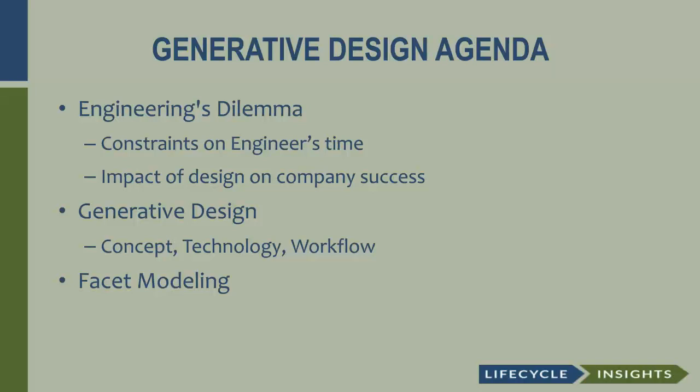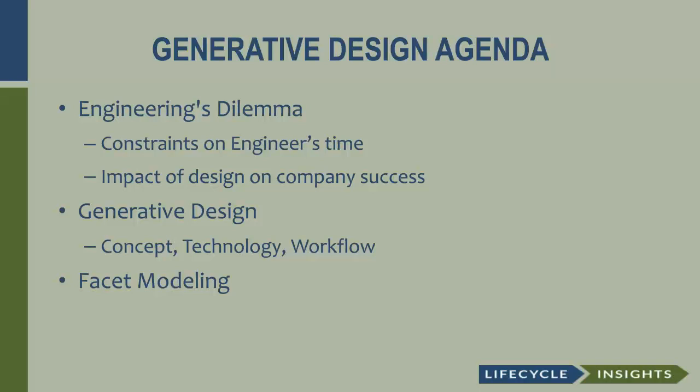So I'm going to be covering three main topics here. One is to talk to the engineer's dilemma, and I'll get more into that in a minute, but that's going to focus on these opposing constraints that engineers must meet when designing products, and they're only getting more difficult. Then we'll talk about generative design and what it is and what the technology is and what the workflow in general looks like.